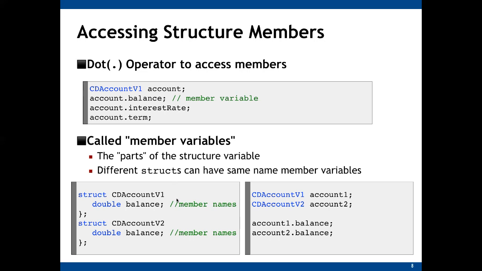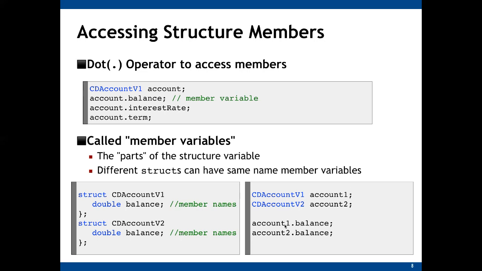This is because even though they have the same member names, C++ can distinguish them because they eventually will have different member variables like this. If you look here, we have account1 and account2. Variable account1 is of type CDAccountV1 and account2 is of type CDAccountV2.